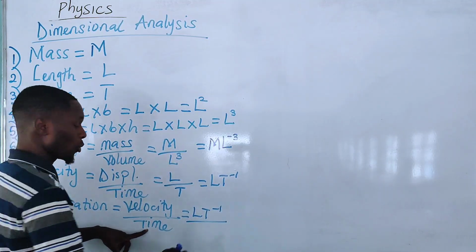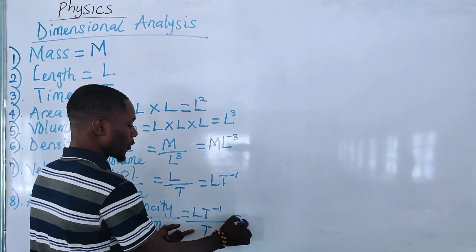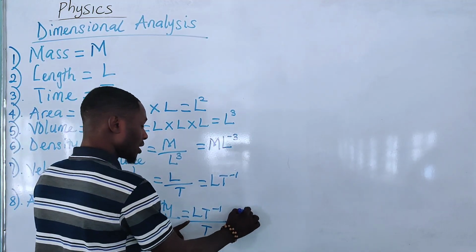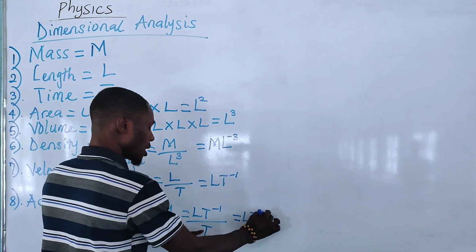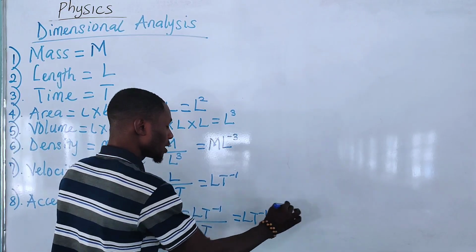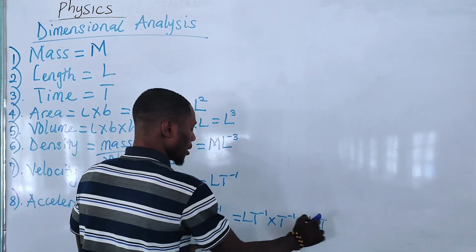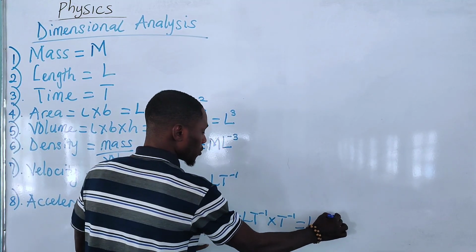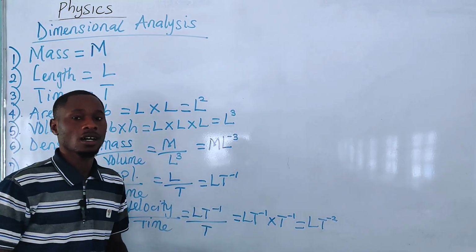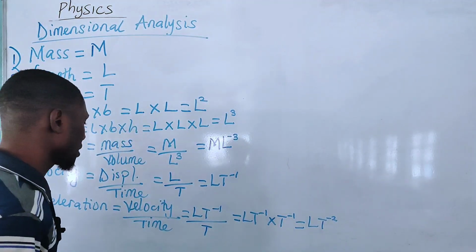And time we know is T. From indices, this is the same thing as L T to the power minus 1, and when this T goes up, it becomes T raised to the power of minus 1. So giving us L T to the power minus 2. So that gives us the dimension of acceleration.